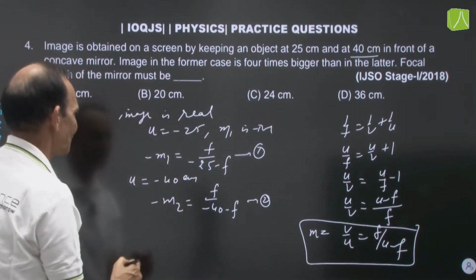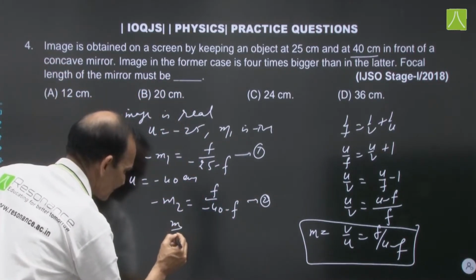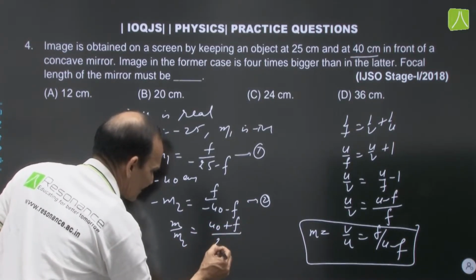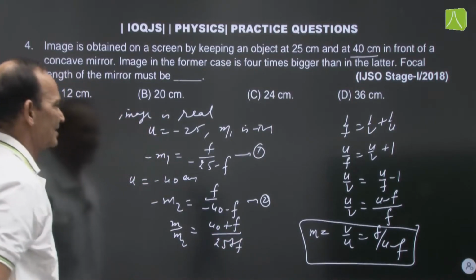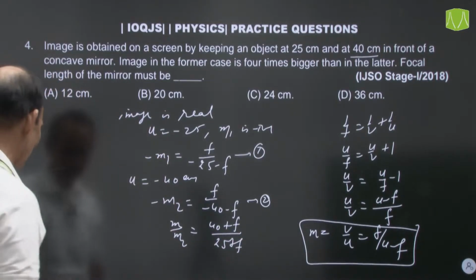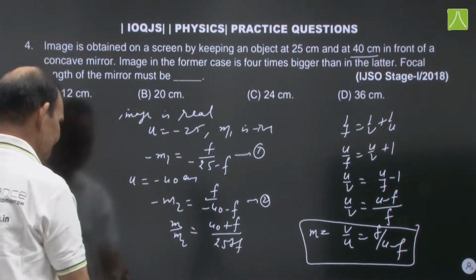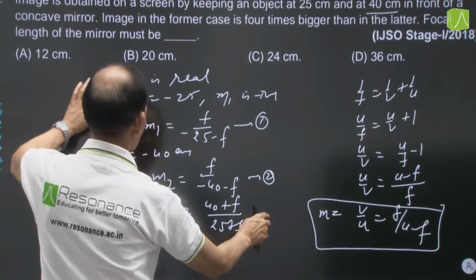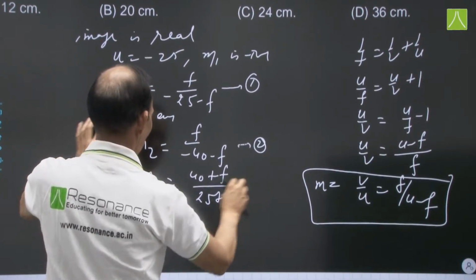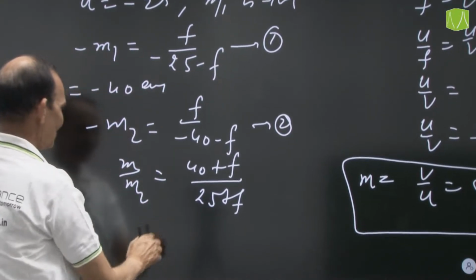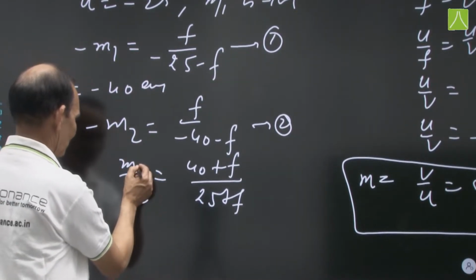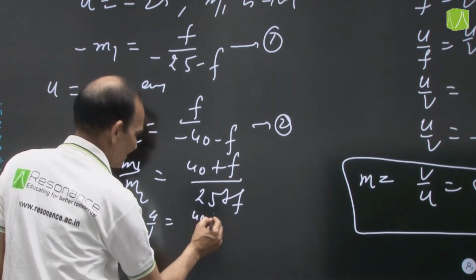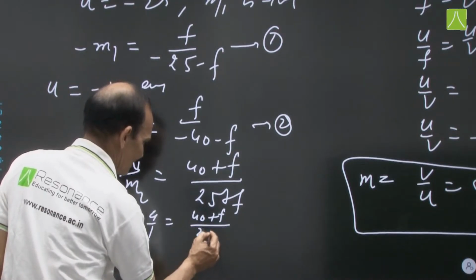On dividing 1 and 2, m1 by m2 is equal to 40 plus f divided by 25 plus f. Take the common minus and cancel that. Okay, next. It is given m1 by m2 is 4 by 1, that will equal 40 plus f divided by 25 plus f.